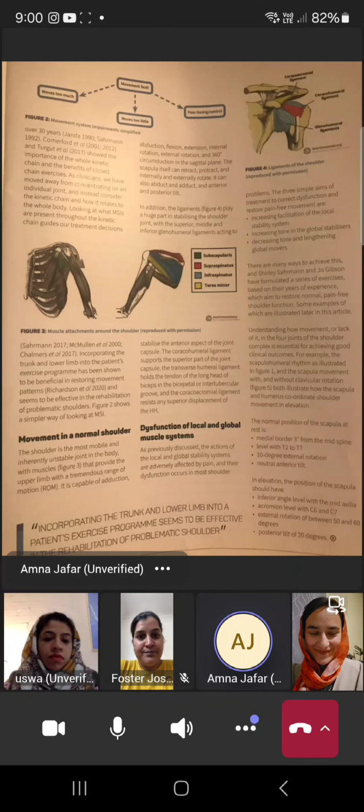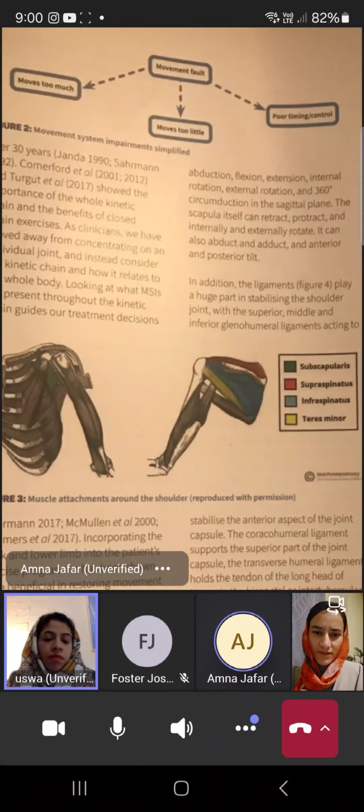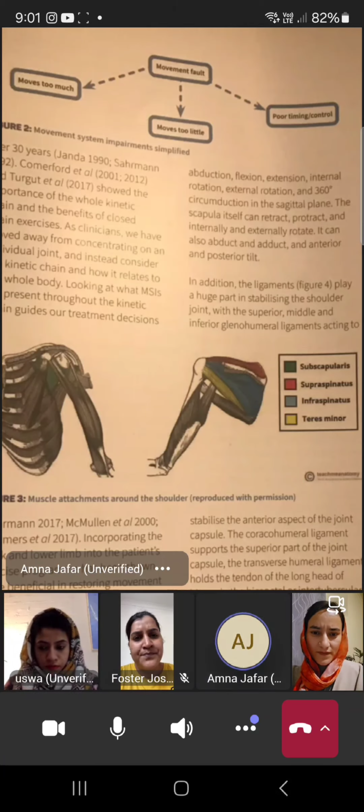We are not going into the anatomy right now for origin and insertion; hopefully we'll discuss that in upcoming CPDs. It's just an overview of how physiotherapists in the UK practice in different areas. I wanted people to know how we can use different techniques to relax and treat the shoulder joint.